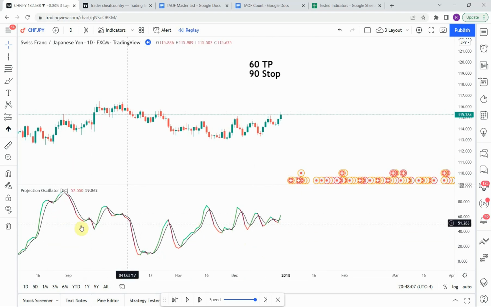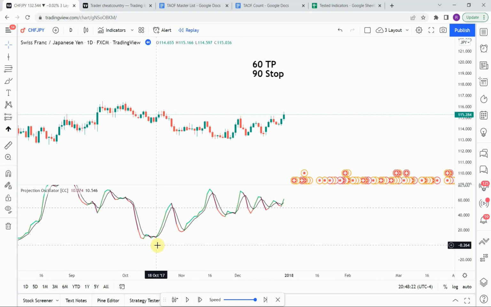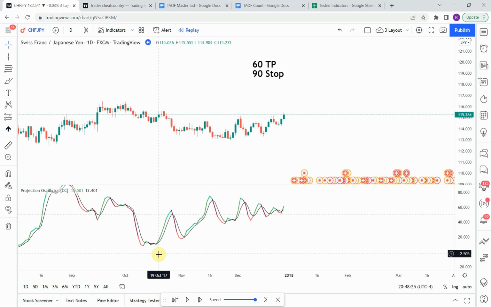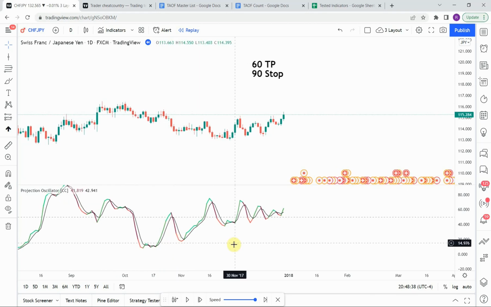Nonetheless, we have the shift in the color here. The initial cross, when the oscillating line crosses up above the signal line, the black line, then the oscillating line goes green. I believe a dark green most of the time, if not every time. And then when it crosses down below, it goes to a dark purple maroon type color, like I said, most of the time, if not every time.